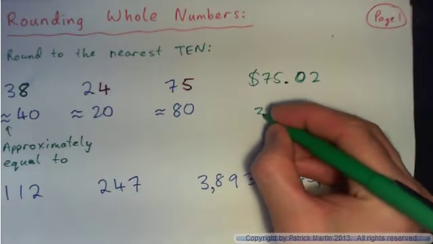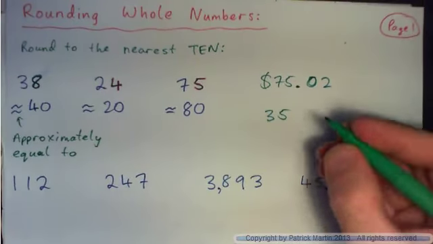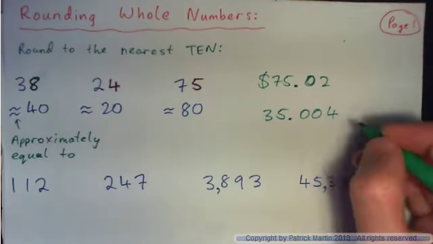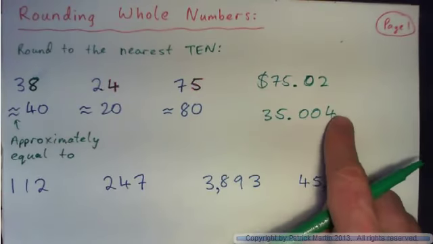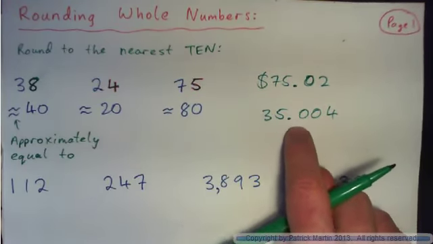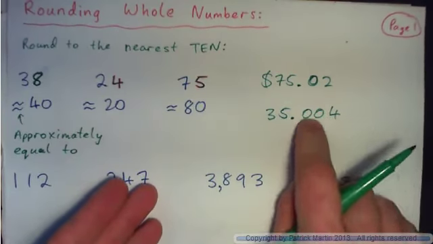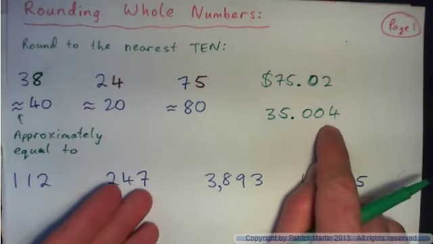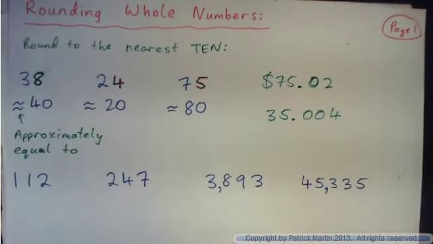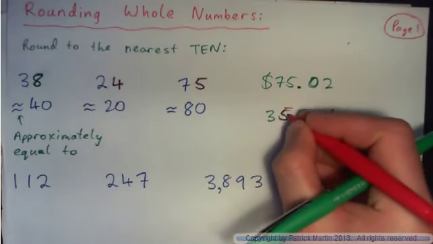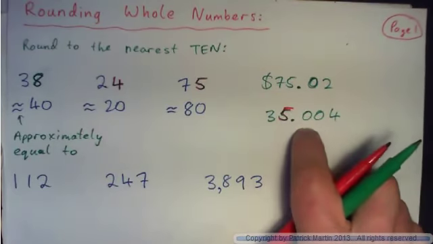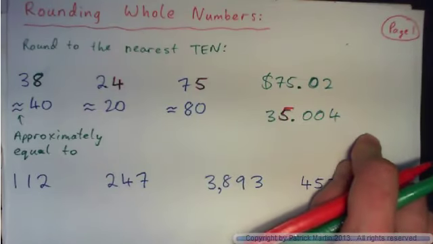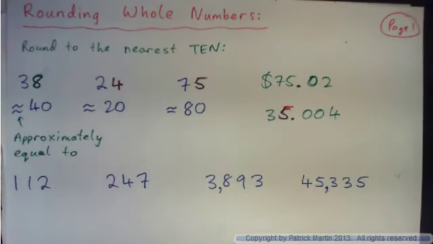Or if you were given the number 35, in real life that might actually be 35.004 or something. So on a lot of numbers that have a 5 here, there might be more digits down the line, which would mean that it's justified to round up. But that's one way of thinking about it.